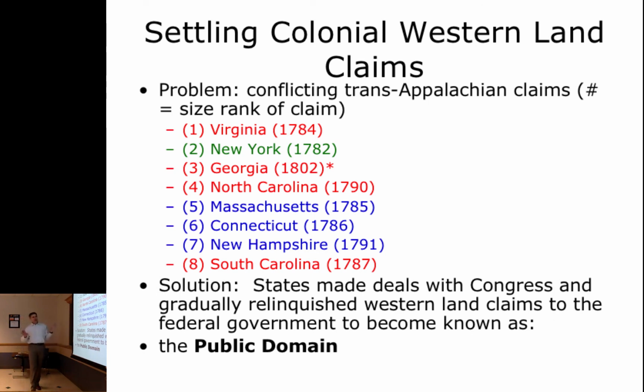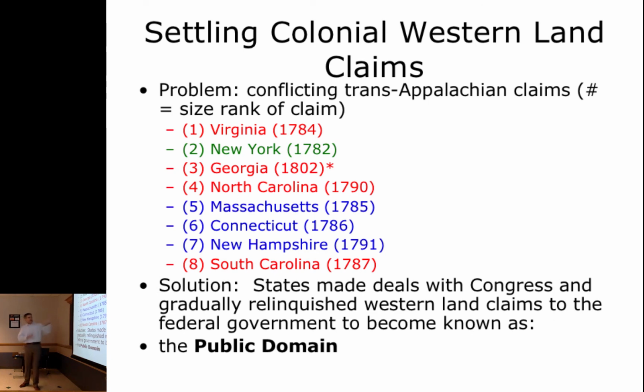Mostly these land claims were relinquished to the new federal government, and with that, the federal government would develop and would have authority over what was referred to as the public domain.